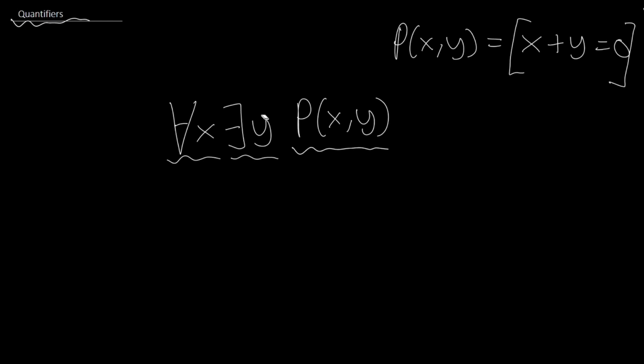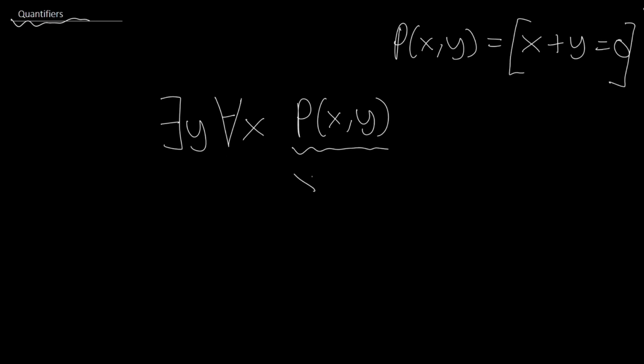So if I were to flip these around and say there exists a y such that all x values satisfy this equation, then we end up with a whole new different statement altogether. So what does this mean?